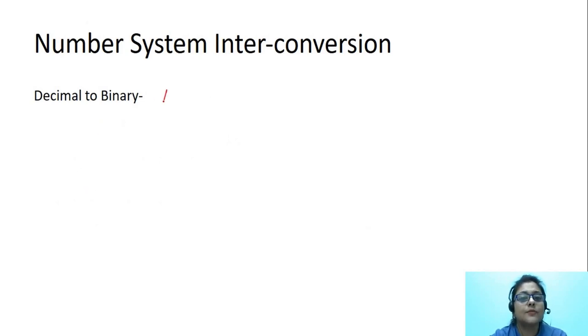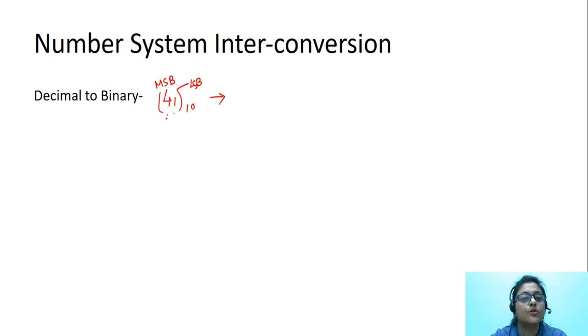Let us now see how to convert a decimal number to a binary number. Let's say a decimal number is 41. How do we represent 41 in decimal number system? Basically, we look into the powers of the number, and the powers will be in powers of 10. So basically, this is the least significant bit or LSB, and this is the most significant bit or MSB.